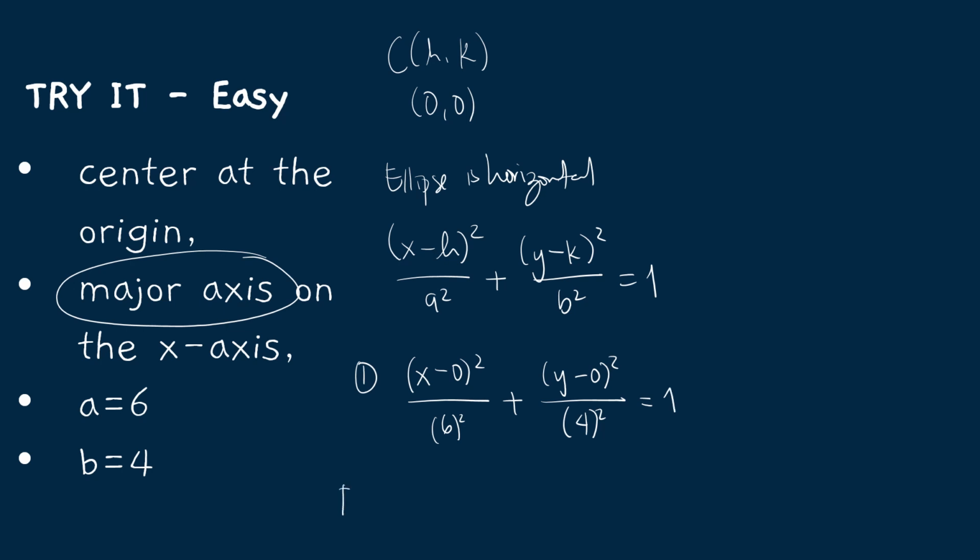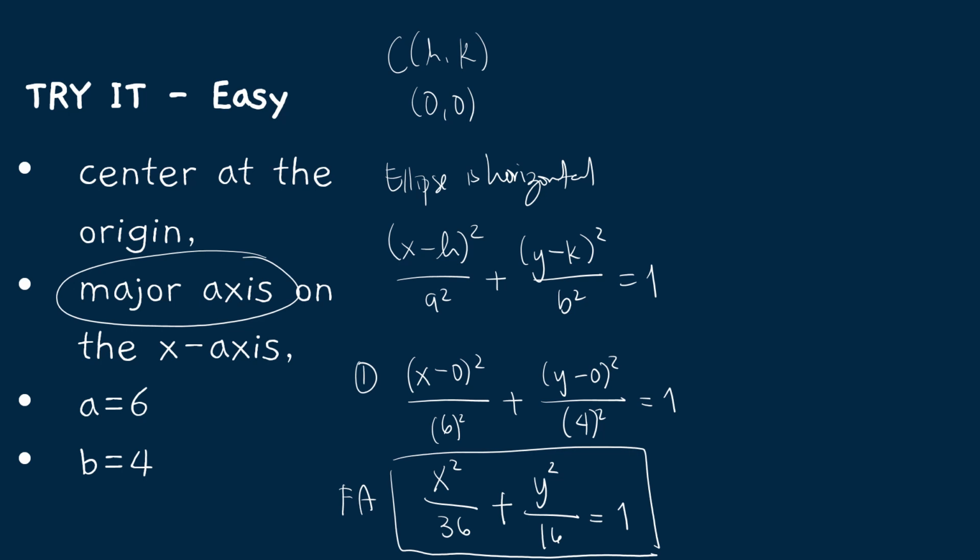Your final answer would be x squared, because x minus 0 is x, squared over 6 squared, which is 36, plus y squared over 16 is equal to 1. So therefore, this is the standard equation of an ellipse with the center at 0, 0, with the major axis on the x-axis, and a is equal to 6, b is equal to 4.